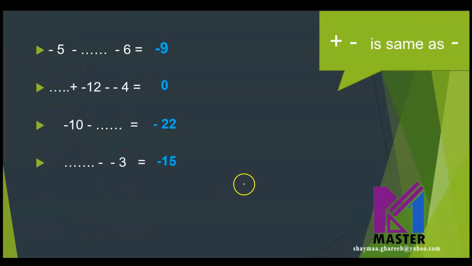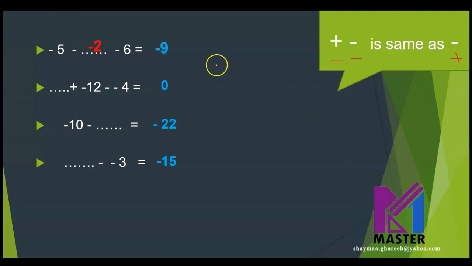And please remember, when I have addition sign with a negative number, I change them into subtraction. And if I have subtraction sign with a negative number, I change it into addition sign.